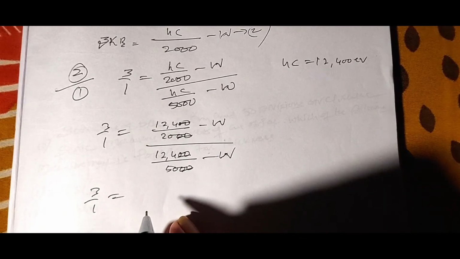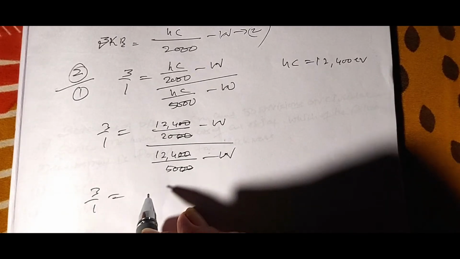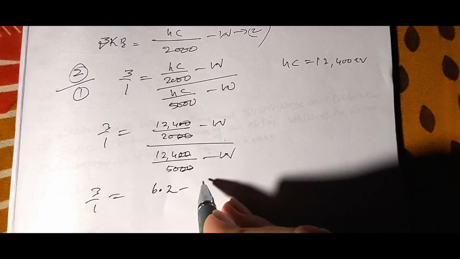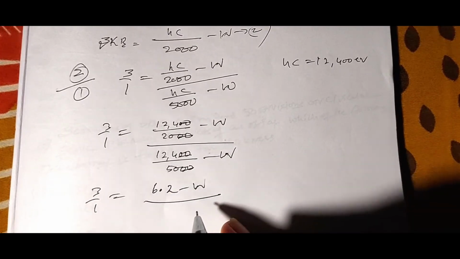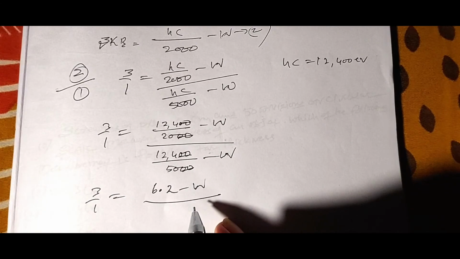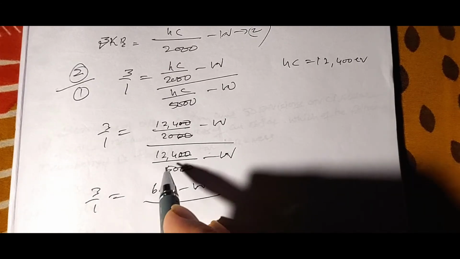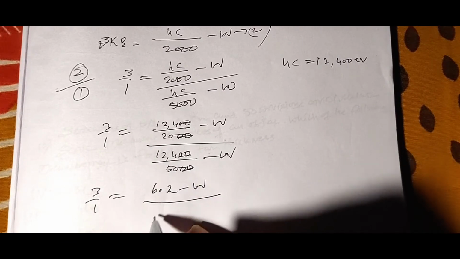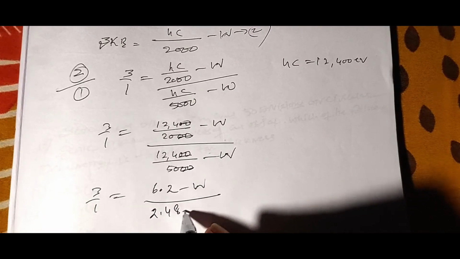So 124 divided by 20, that is nothing but 6.2, minus W, divided by 124 divided by 50, that is equal to 2.48 minus W.